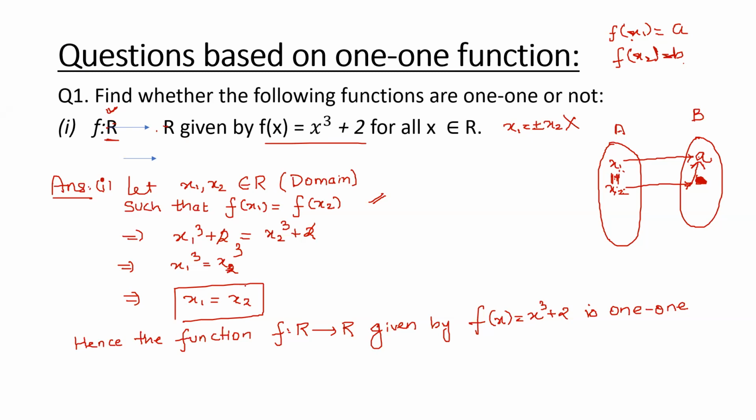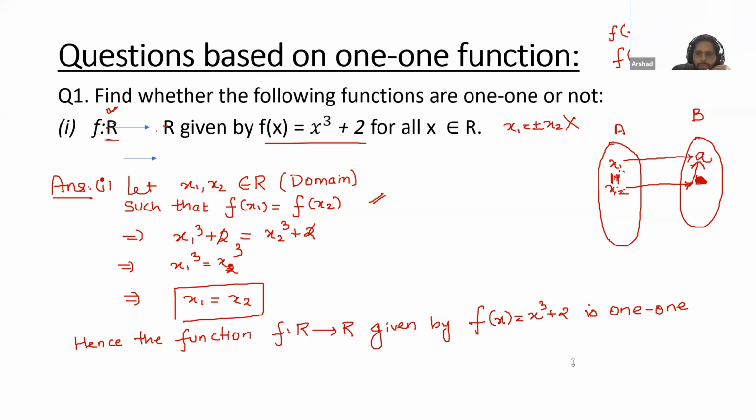Anyone have a doubt in this? Please let me know. So before proving x1 is equal to x2, x1 cube is already equal to x2 cube.